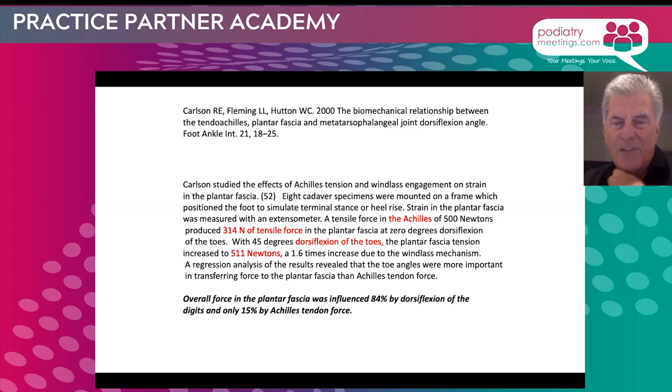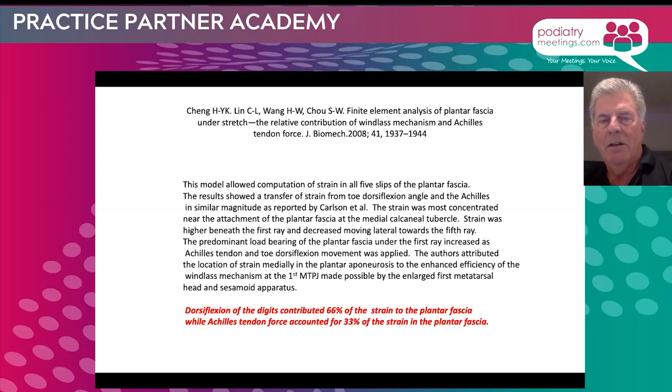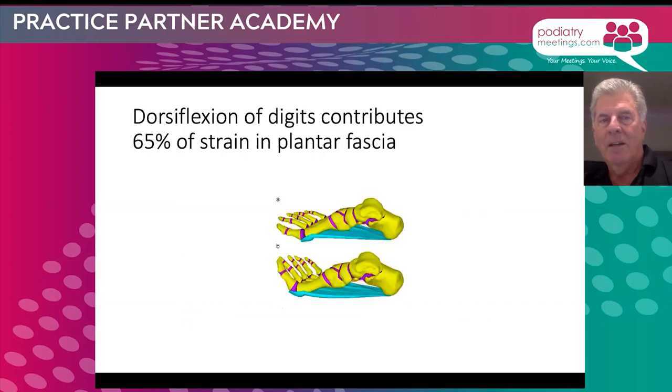So the plantar fascia is influenced 84% by dorsiflexion of the digits and only 15% by Achilles tendon force. Another study showed that dorsiflexion of the digits contributed 66% of the strain to the plantar fascia, while the Achilles tendon accounted for only 33%. So this dorsiflexion of the digits is a big loader of the plantar fascia.